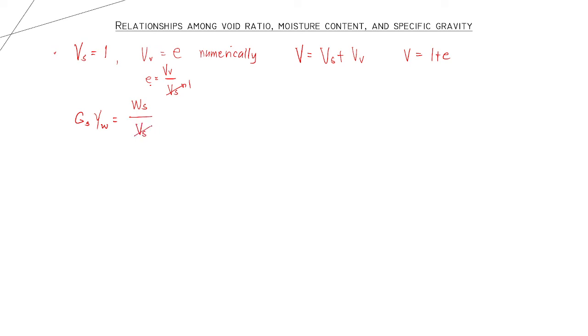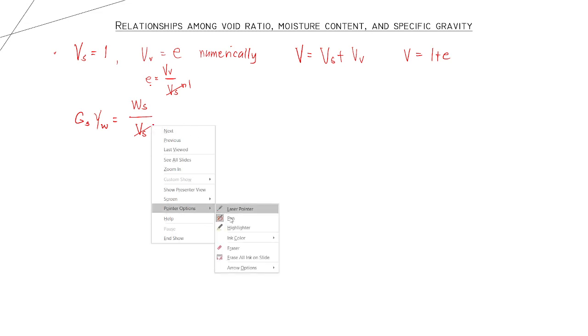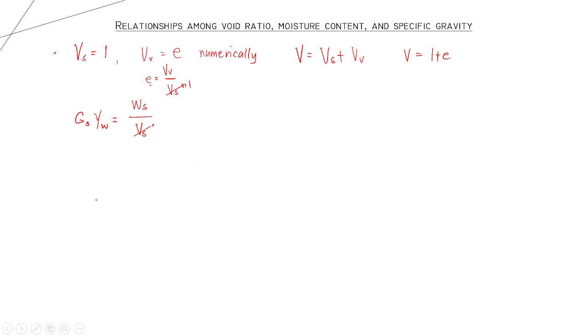And again, this is assumed to be equal to 1. So we can write weight of soil solids is equal to G sub S times unit weight of water.